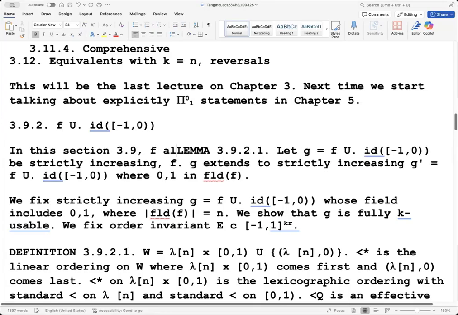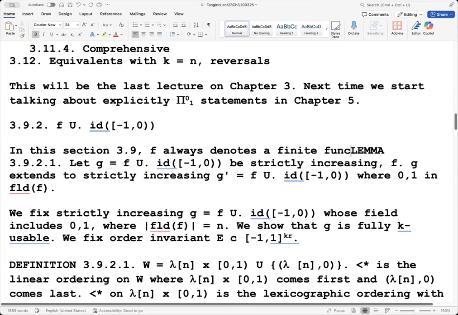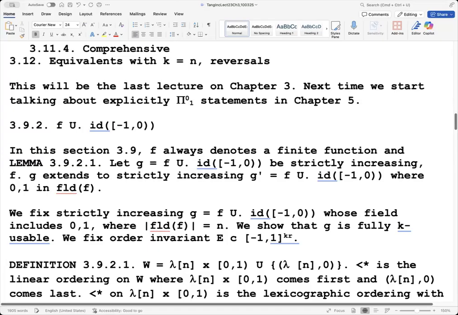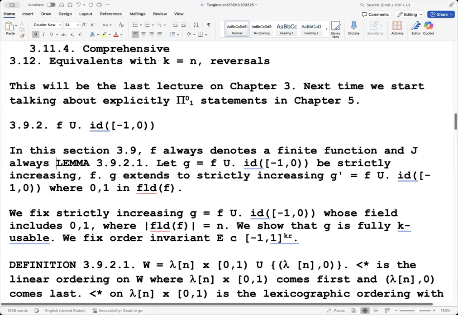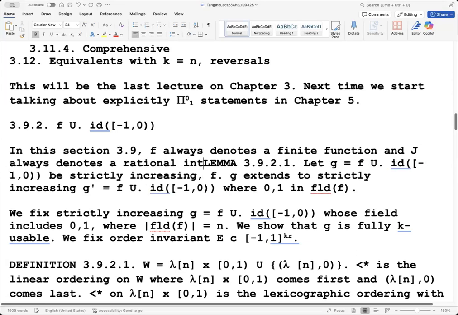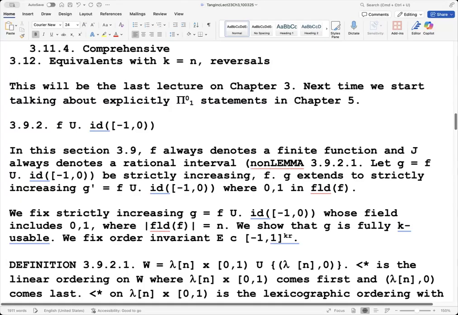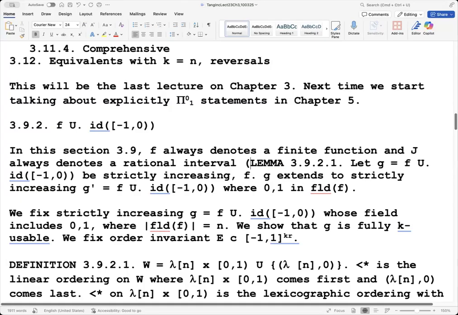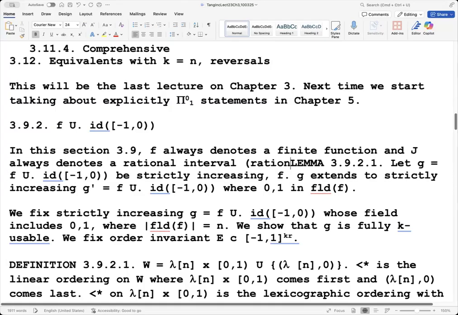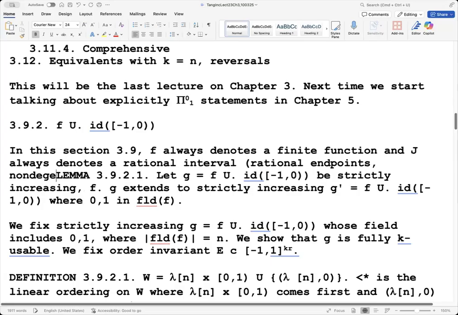F always denotes a finite function, and J always denotes a rational interval, which has to have rational endpoints, non-degenerate.